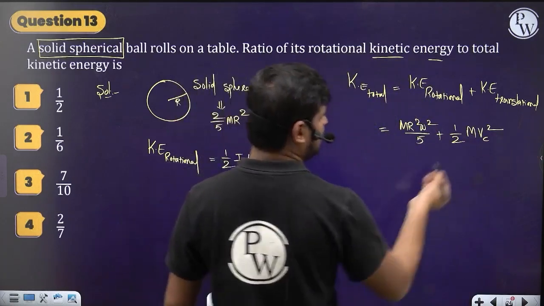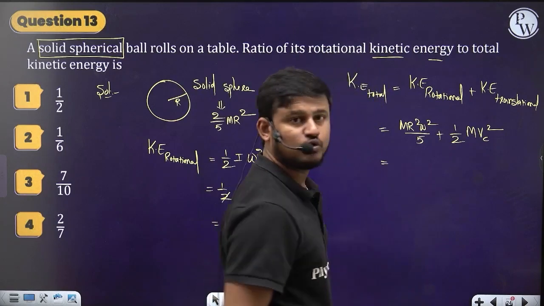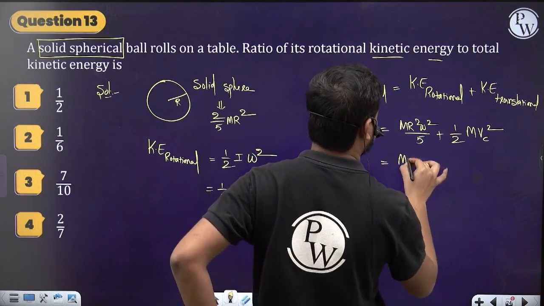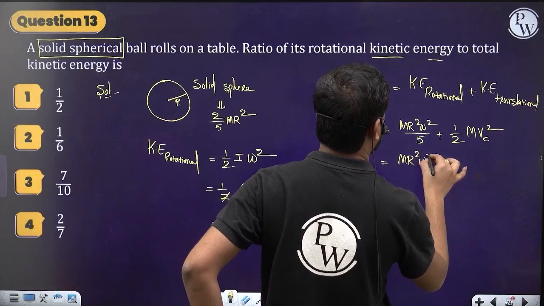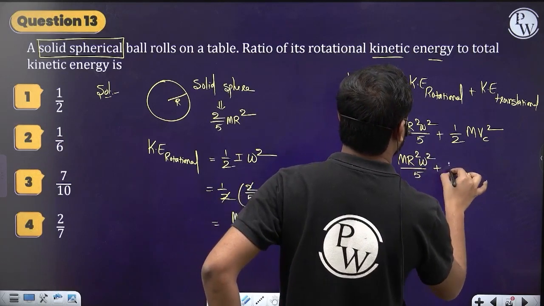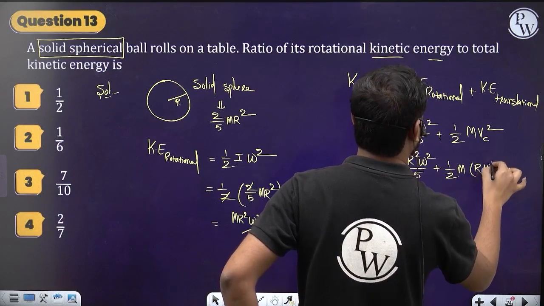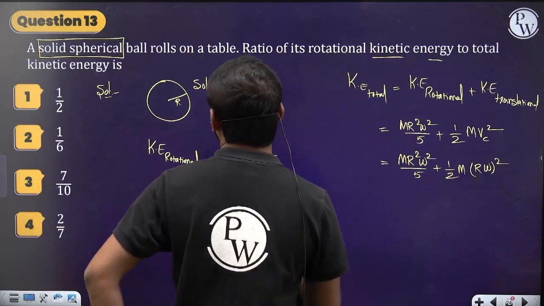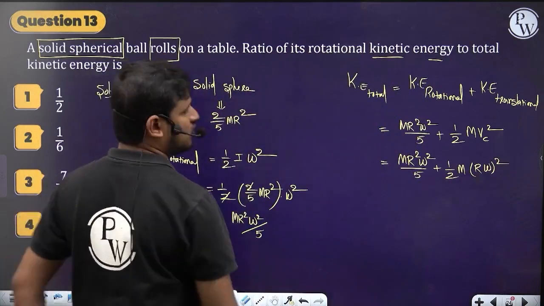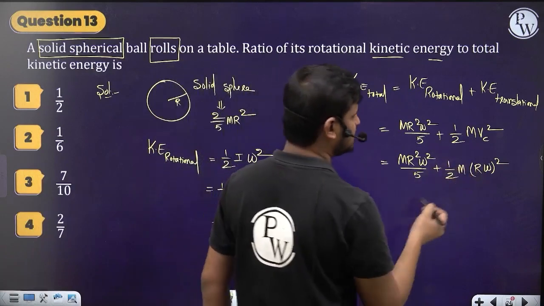In place of vc you can write r omega. So m r square omega square by 5 plus half m, where vc is r omega whole square. Consider the rolling as pure rolling. Only then you can take vc equals r omega.